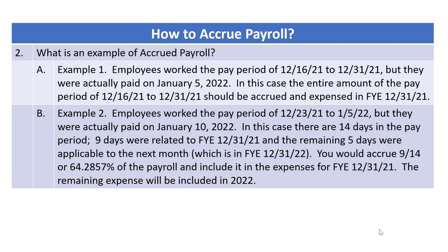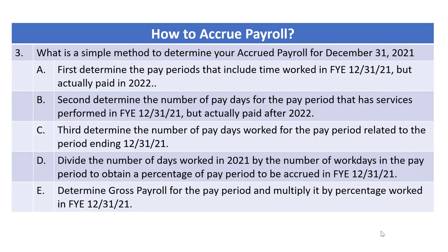You would accrue 9/14 or 64.2857% of the payroll and include it in the expenses for FYE 12/31/21. The remaining payroll expense would be included in 22.